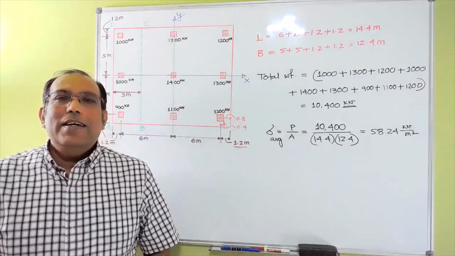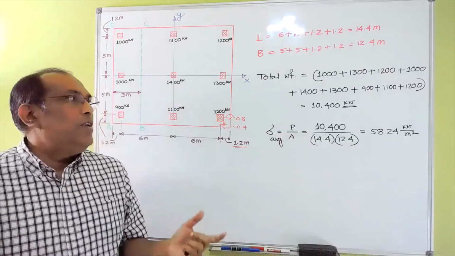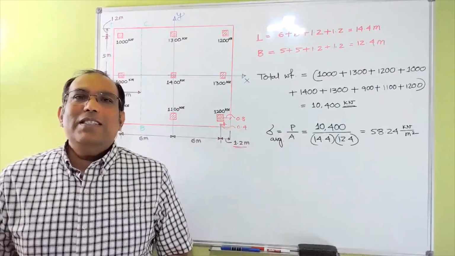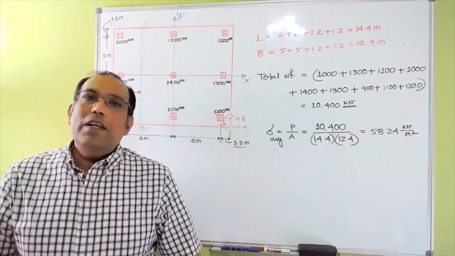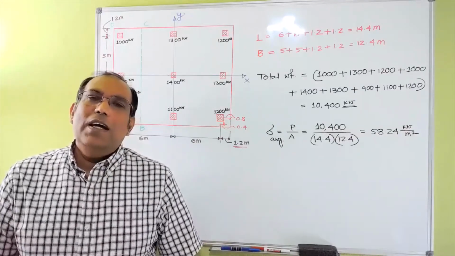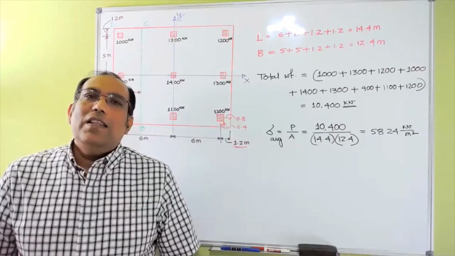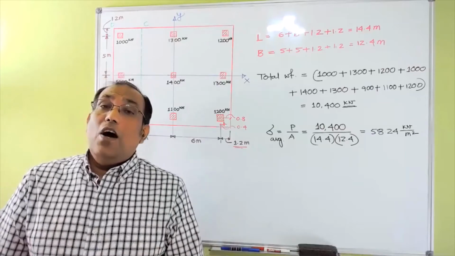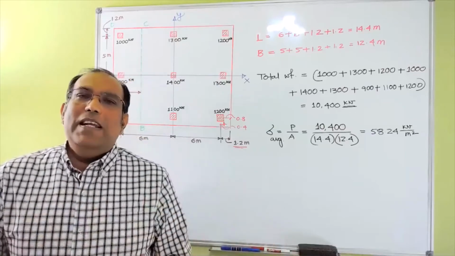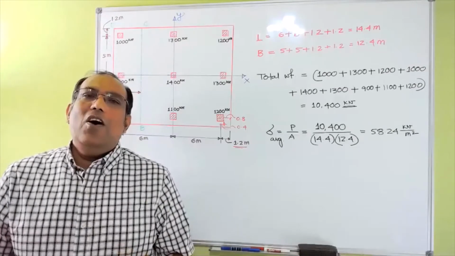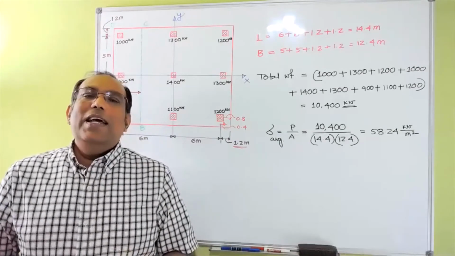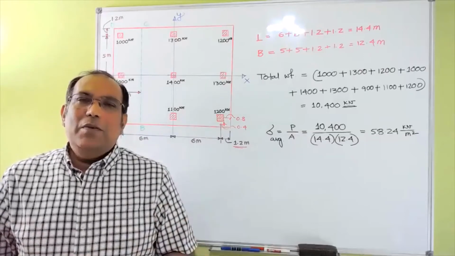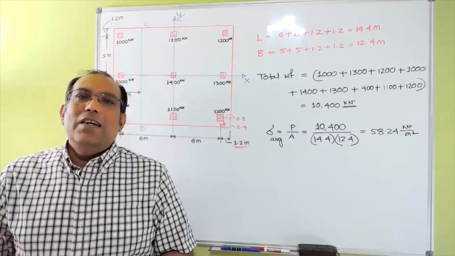Okay. Now for 100% compensated foundation, this means the pressure that's coming from the new structure should be equal to the pressure of the soil that you will cut out from there. So you are taking some weight off from there and then you're putting the same pressure building on top of that. So the soil is not going to have any additional load. That's actually a 100% compensated foundation.